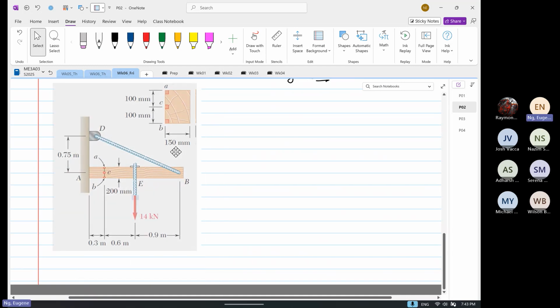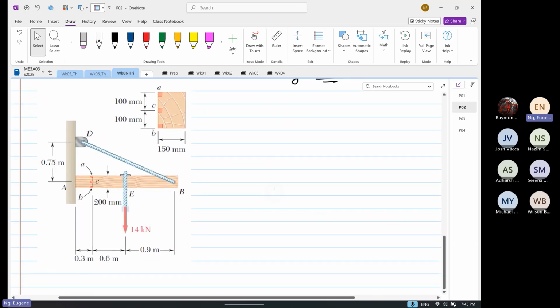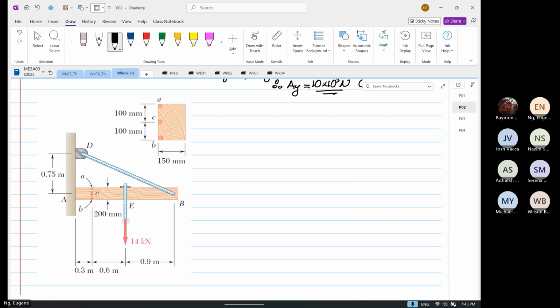And we're going to find the loads acting at point A, B, and C. And this time you'll see it slightly different.